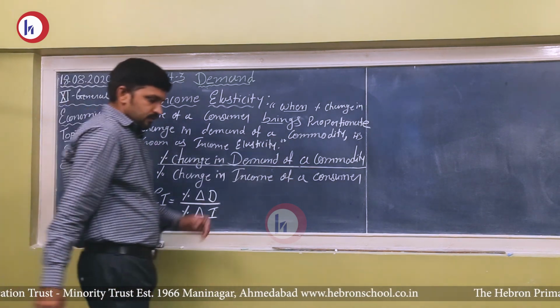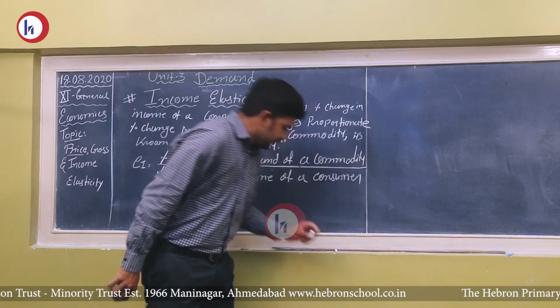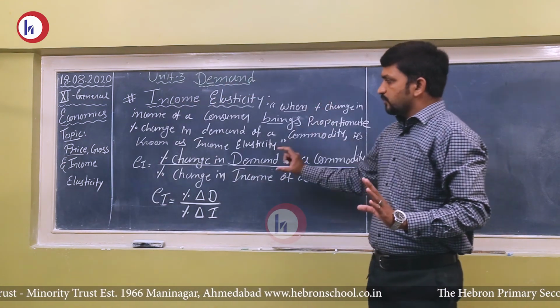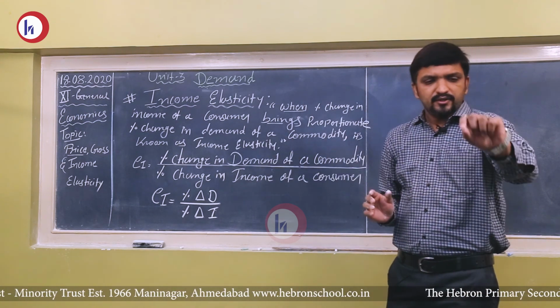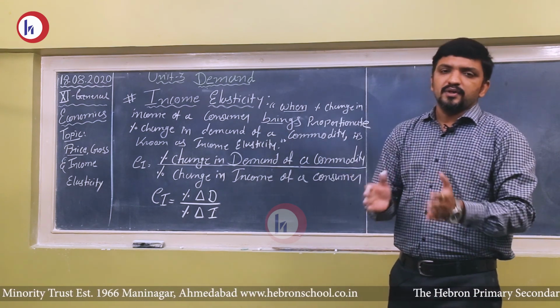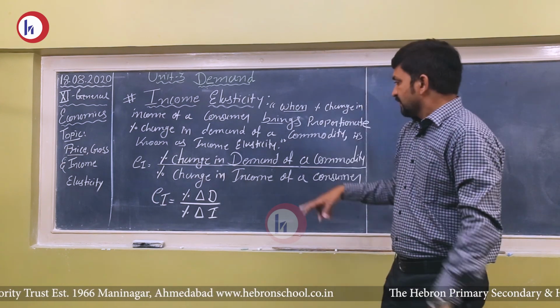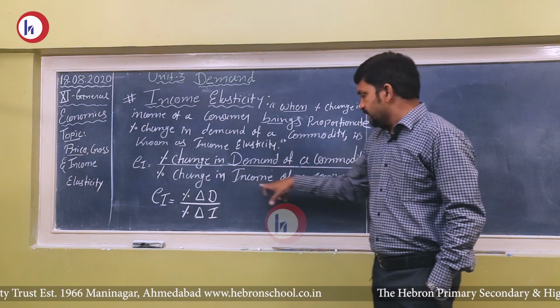See, in the last lecture only we have cleared that if the formula of price elasticity is clear in your mind, the upcoming formulas and definitions would be very clear. So, in place of price, we have recorded income of a consumer.